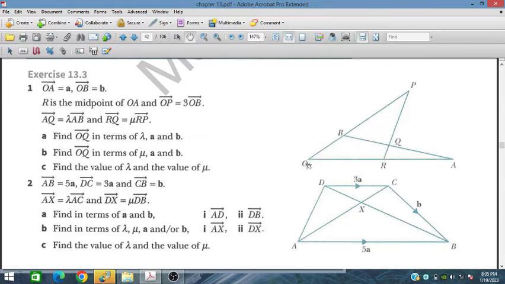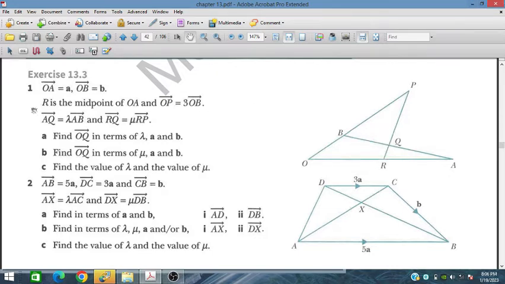Given that OP is equal to 3 times OB, this OB is multiplied by 3 to get OP, and AQ is equal to lambda AB, and RQ is equal to mu times RP.